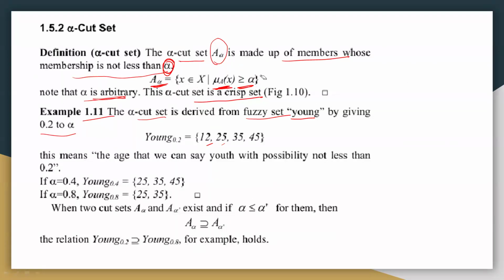For any element x, meaning the ages 5, 15, 25, etc., the mu of x, the membership of x, should be greater than or equal to 0.2. So all the values that are greater than or equal to 0.2, you can include into this set.